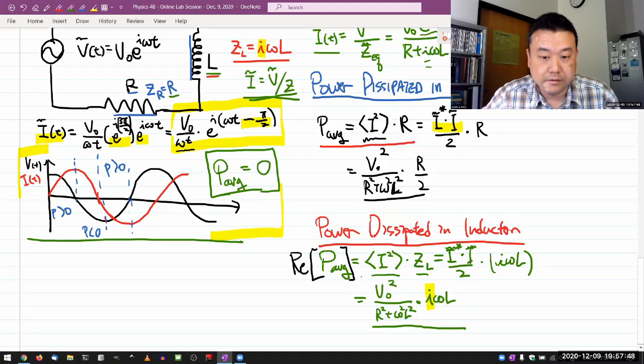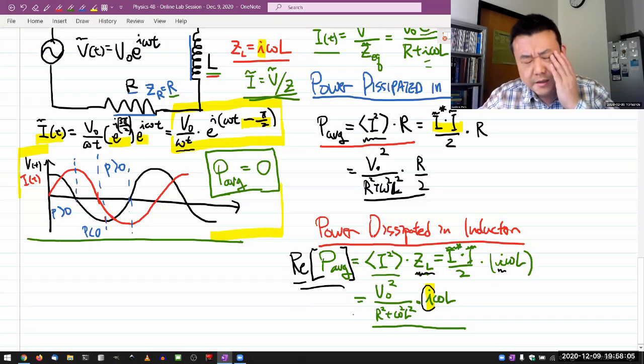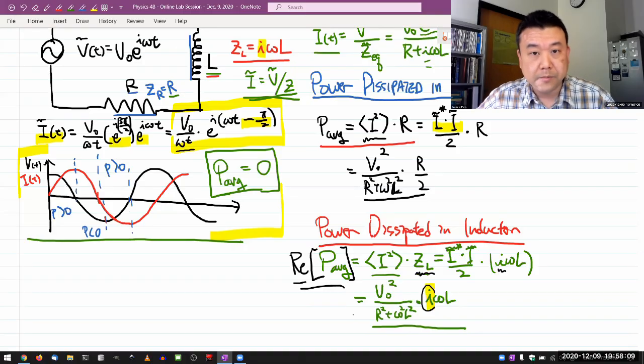It was already expected to be real. But because the impedance of the inductor is imaginary, the calculation here doesn't give you a real quantity. And what this is telling you is, or I guess you can pretend that you needed to take the real part, but I think what's better to take away from this is that the inductor doesn't dissipate power.